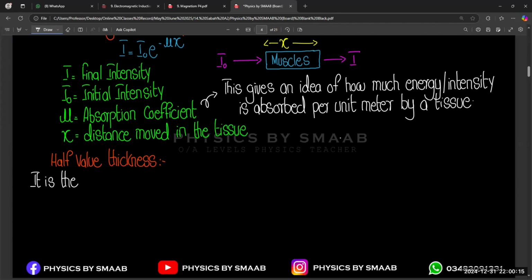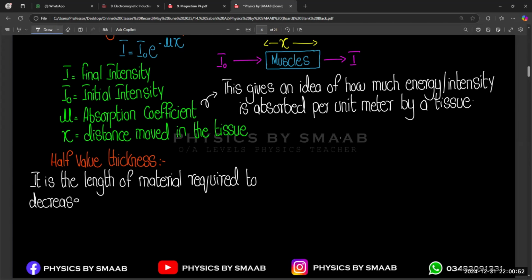It is the length of material required to decrease the initial intensity by exactly half.